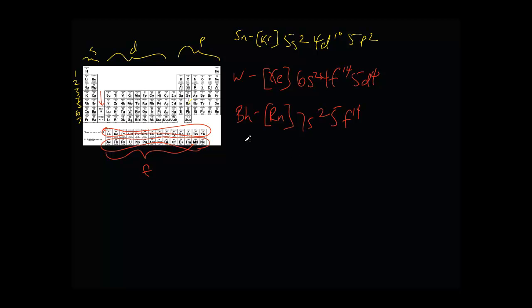And it's going to go to 6d1, 6d2, 6d3, 6d4, 6d5. And that's probably as tough as you're going to get. All right? And that's how you incorporate the d's and the f's into the s and the p's.